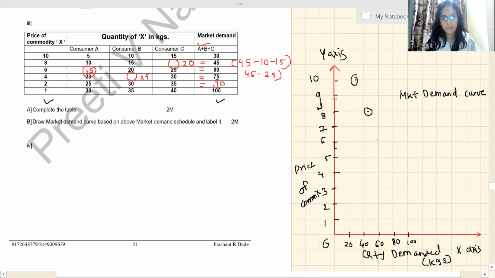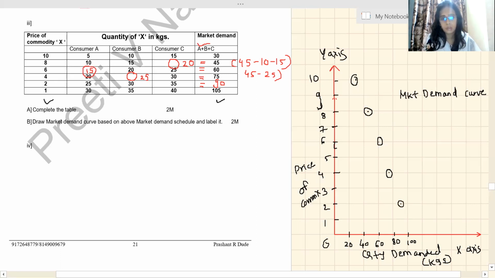Then at rupees 6, my market demand is 60. It is easy to draw. Then at price 4, my demand is 75. So it will come somewhere here. Okay. At price 2, demand is 90. So it's halfway between 80 and 100.